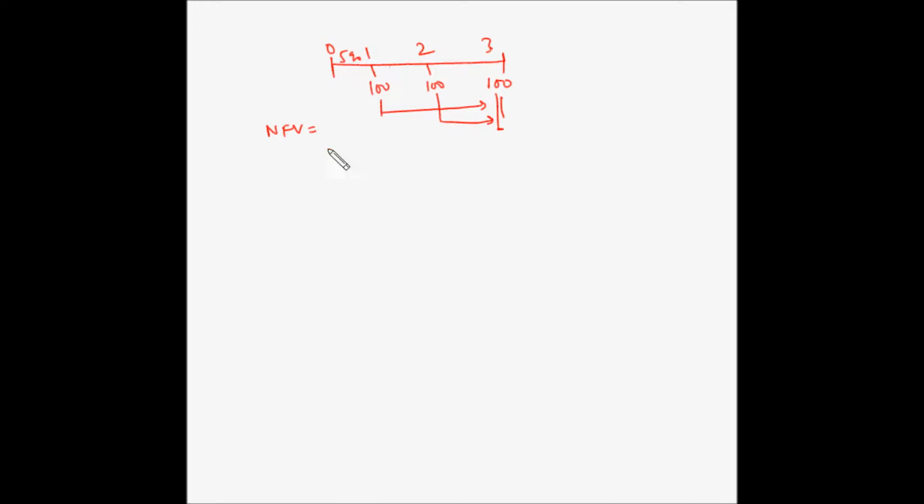So the net future value will be equal to, for this first 100, 100 into 1 plus 0.05 square, because this is being compounded for 2 years, plus 100 into 1 plus 0.05 to the power 1 plus 100. So this is equal to 100 into 1.05 square plus 100 into 1.05 plus 100.